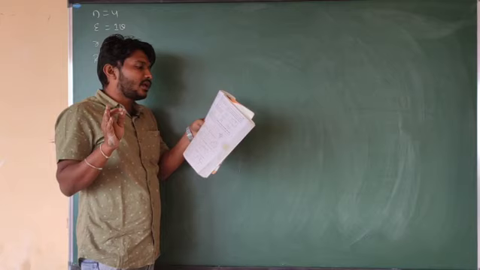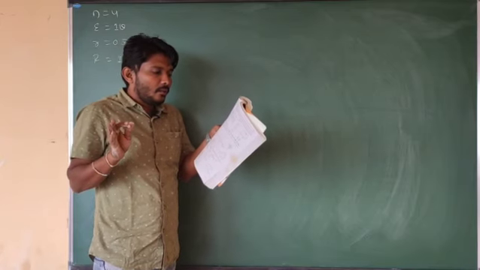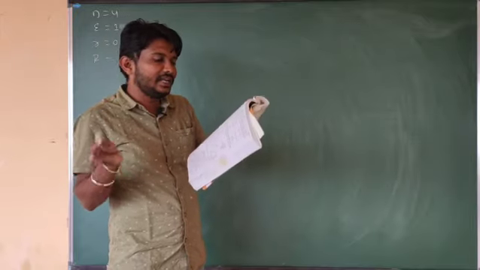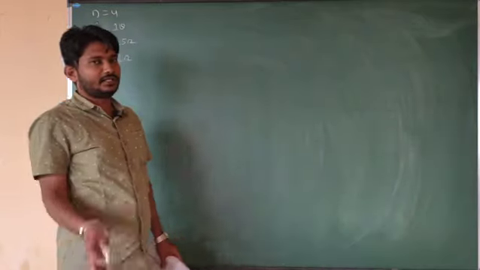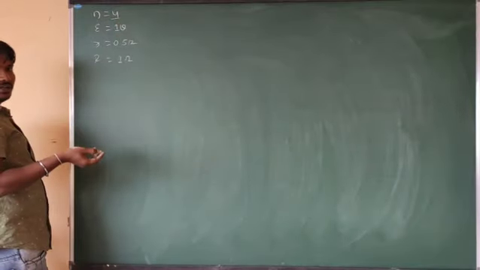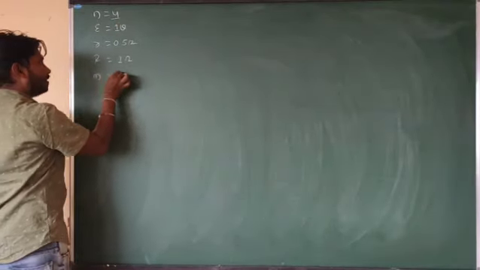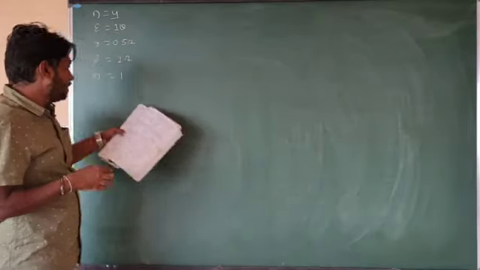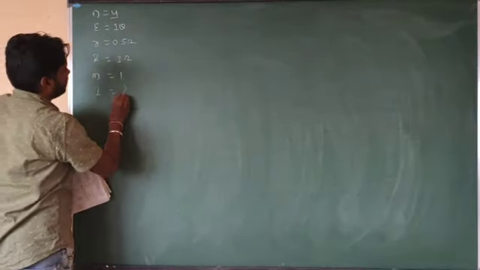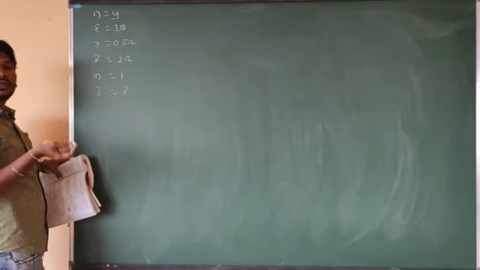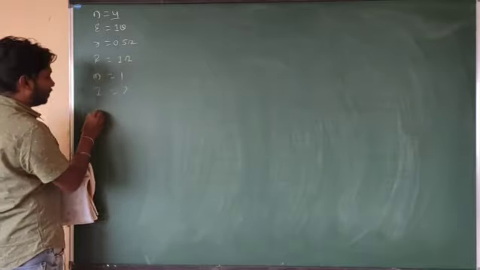But one cell is wrongly connected by him, its terminal is reversed. Current in the circuit is, so out of 4 cells, 1 cell is connected in a wrong way. Number of cells connected in wrong way is 1 here. Then what about the current I need to find out? First I have to find the equivalent EMF when you connect the cells in a wrong manner.